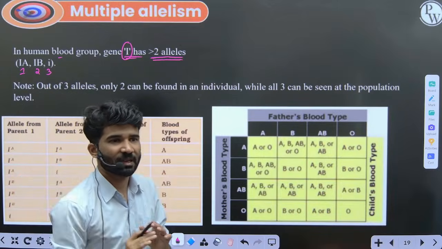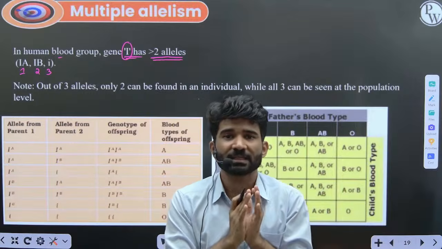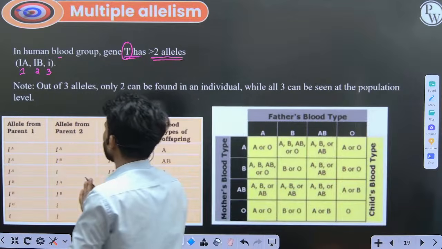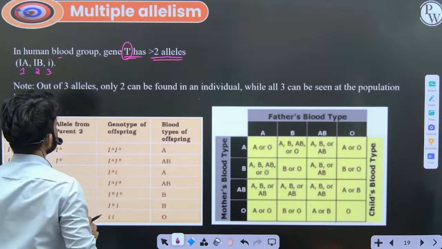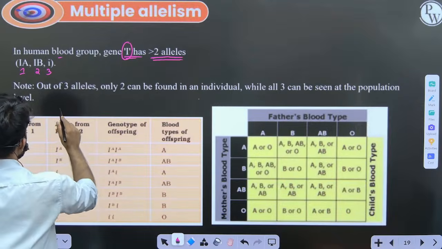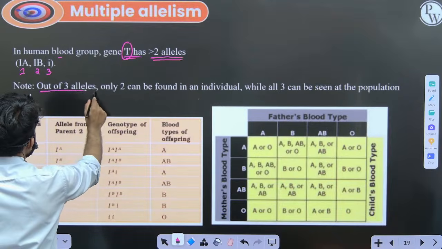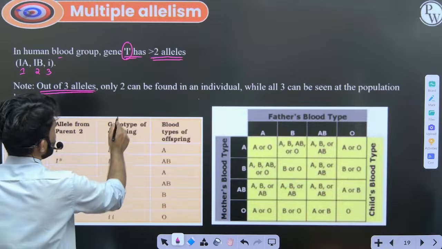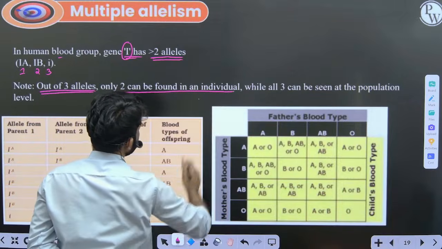These are the three alleles that decide the different combinations of blood group. But out of these three alleles, only two can be found in an individual.